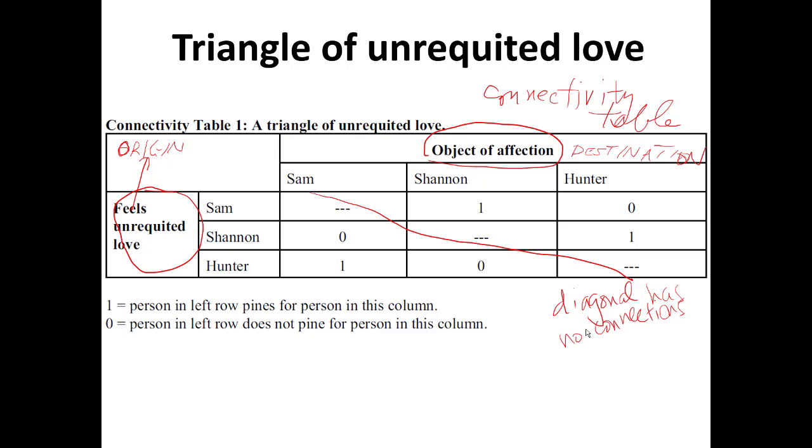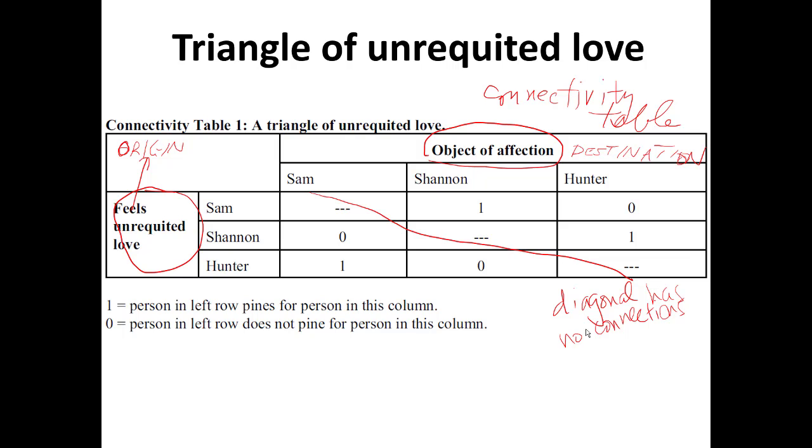But we'll move on. So Shannon doesn't feel warm, gushy feelings for Sam. We're assuming people cannot love themselves romantically. But we do see that Shannon feels the feels for Hunter. And then Hunter pines or whatever it was for Sam, not Shannon, and again, not for themselves.